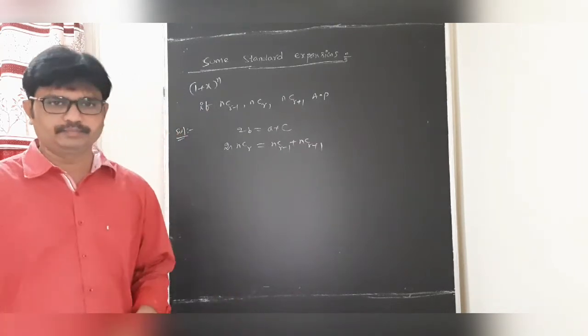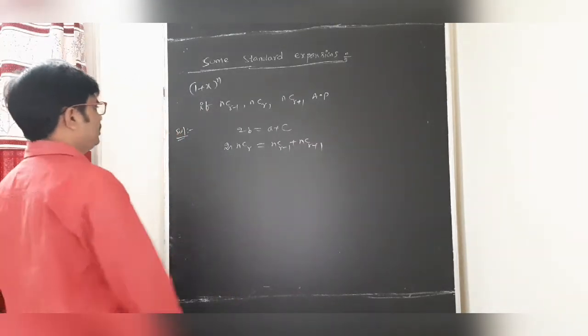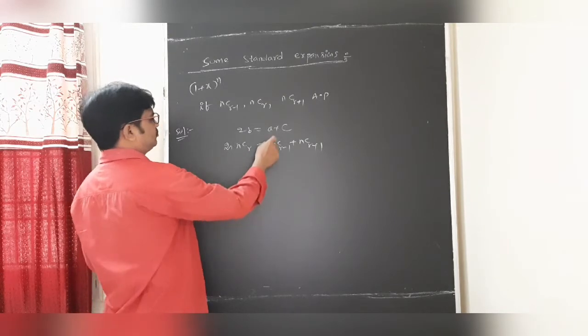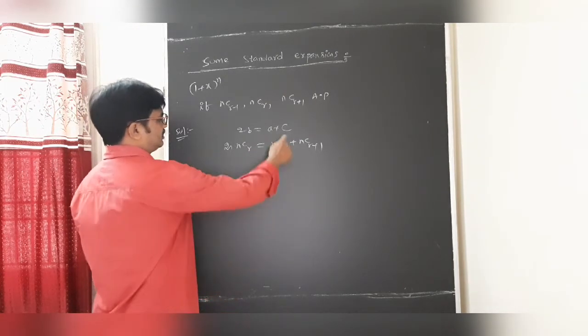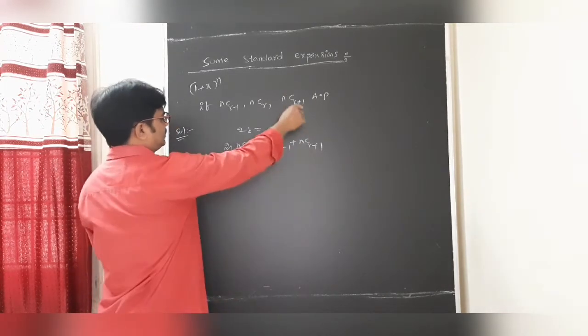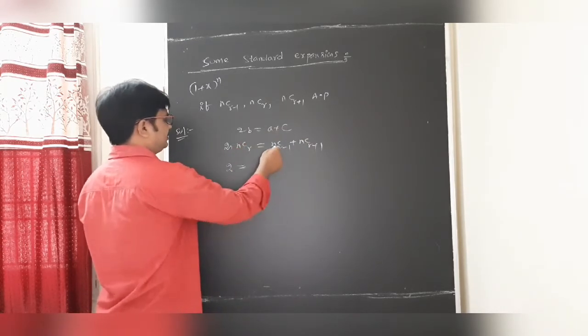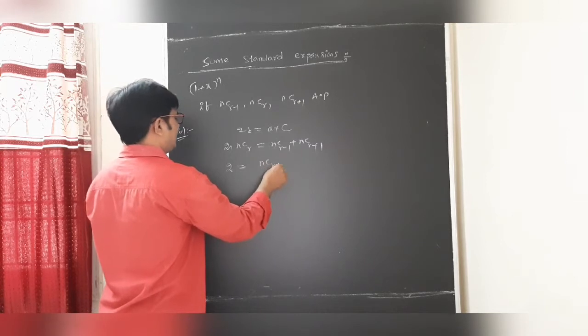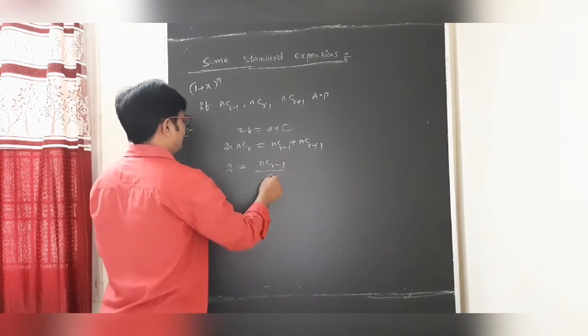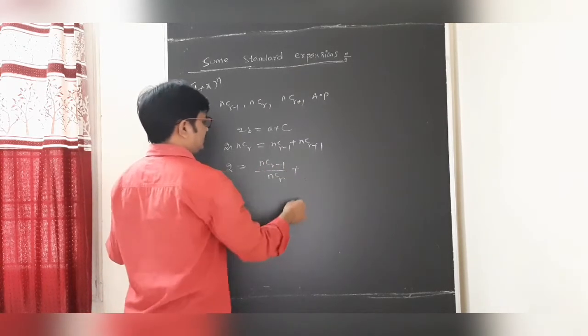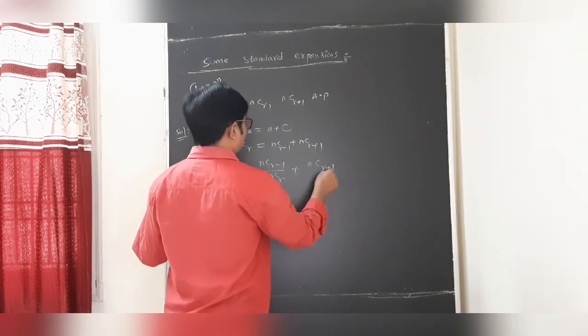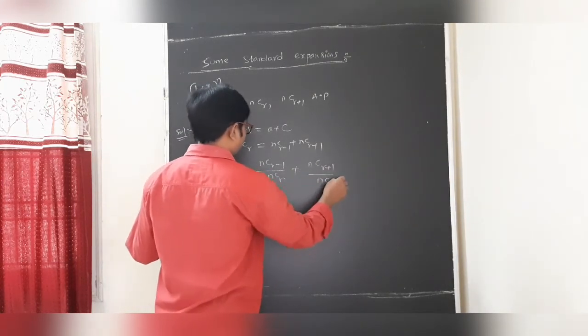Is it clear, students? So 2 into NCR equals NCR minus 1 plus NCR plus 1. Dividing, we get NCR minus 1 upon NCR plus NCR plus 1 by NCR.